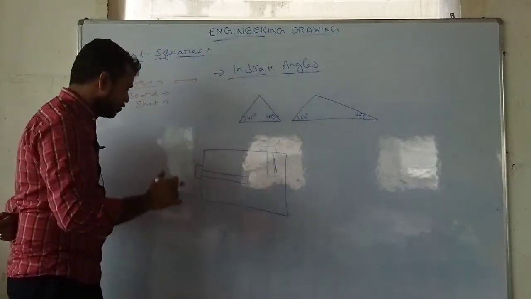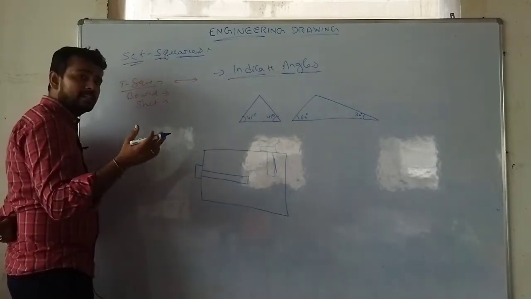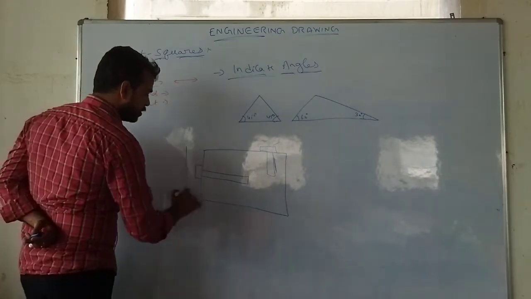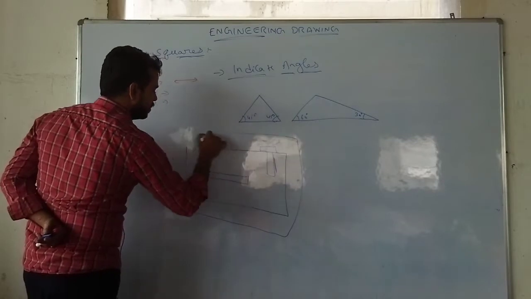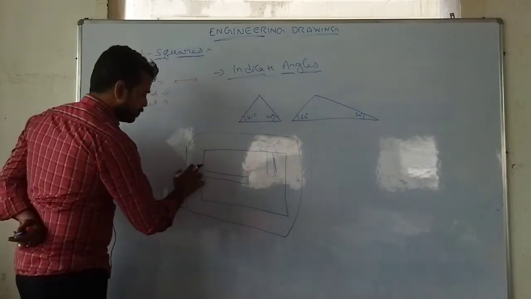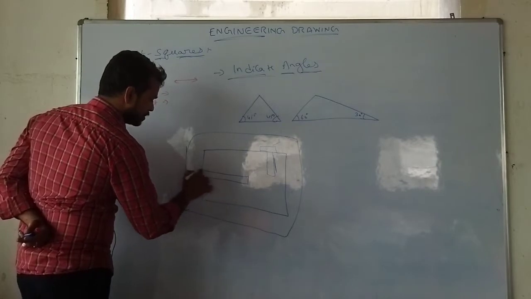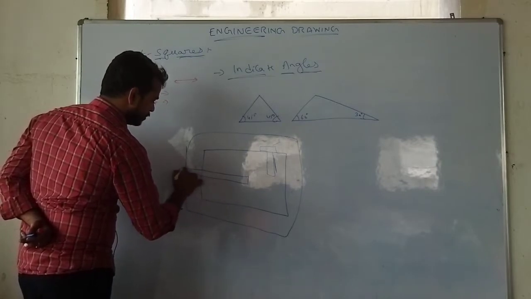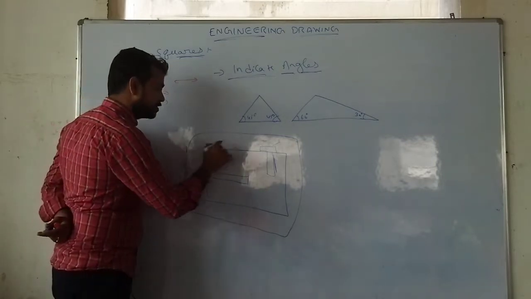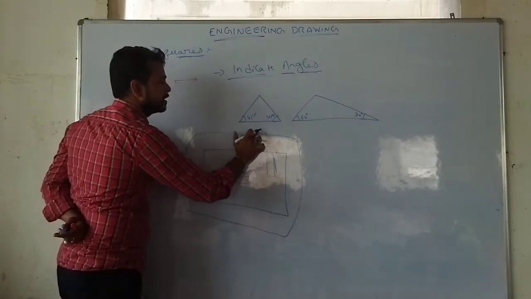Why? Because for drawing board, ebony edge is located at the left hand side of the drawing board. So here the drawing board will be there and ebony edge will be there. So according to this ebony edge, you will place this head of the T square in the ebony edge. Okay, such type of facility is not presented here in this side.